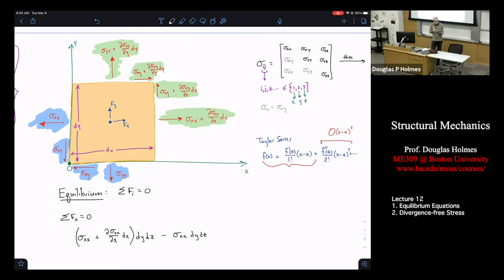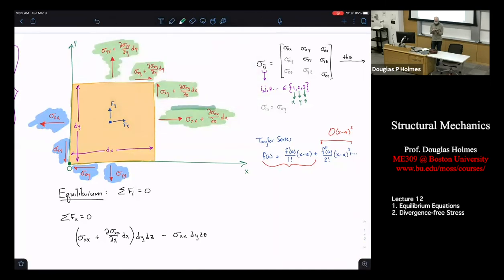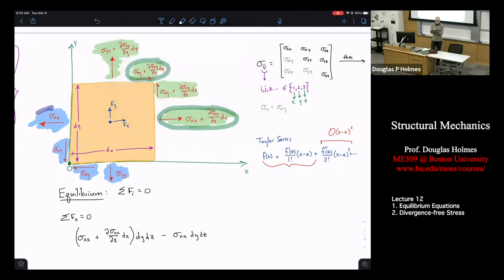We now need to handle our shear stress in the x direction, which is, I should probably circle the ones I'm actually using here, right? So we are using this one, and this one, and this one.